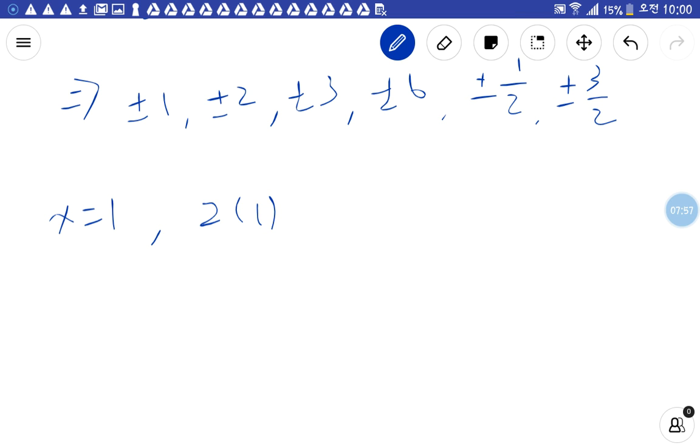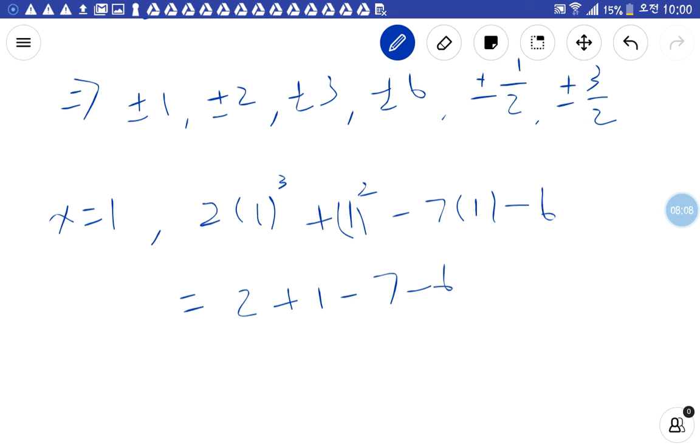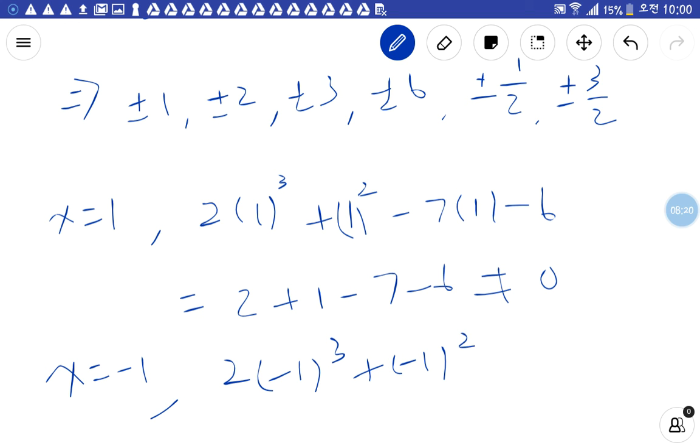Replace x with 1, and you get 2 plus 1 minus 7 minus 6. Even if I don't calculate fully, it does not give you 0. What about x equals negative 1? Let's try that. So 2 times negative 1 cubed plus negative 1 squared minus 7 times negative 1 minus 6.